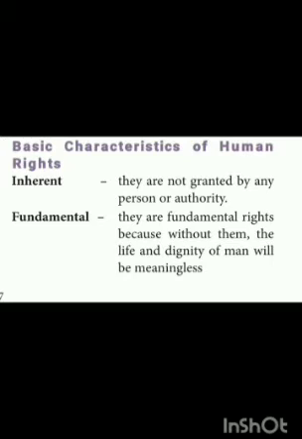It includes the rights to life, liberty, freedom from slavery and arbitrary arrest. So that is very, very important.